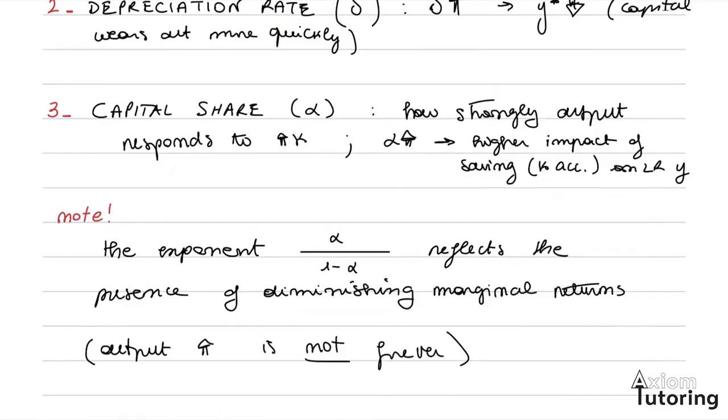We are going to reach a steady state, right? And specifically, the steady state is going to be higher if capital contributes more to output production. So if savings have a higher impact on output production, then this alpha is going to be larger and it's going to reach a higher steady state compared to before.